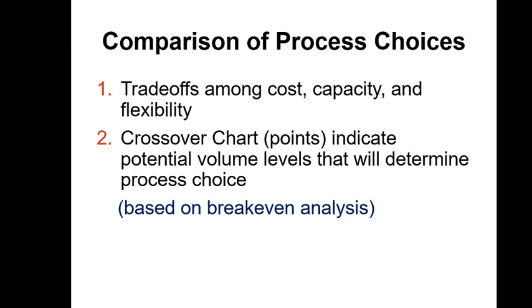We will start with the comparison of process choices, the 4 choices that we had discussed last time. Now we will compare between them in terms of, number 1, the trade-offs among cost, capacity, and flexibility. We'll see in the next slide this comparison. Now the other topic for today will be the crossover chart, or what we call the crossover point, which indicates the potential volume level that will determine process choice.